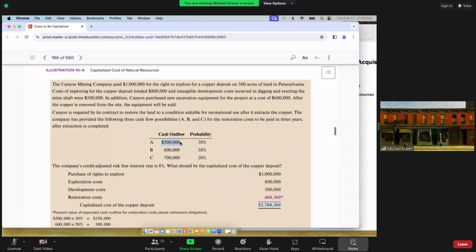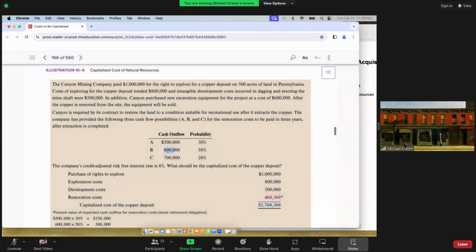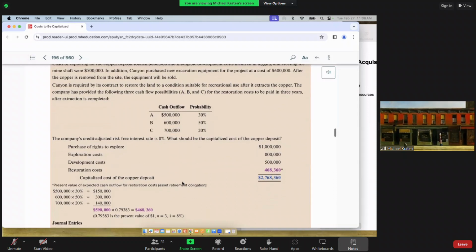It is a cost. If you're not quite sure whether it will actually cost you 500 or 600 or 700, but you're 30% sure it'll be 500, but you are 50% sure it'll be 600, and you're 20% sure it will be 700. It's going to be one of the three.